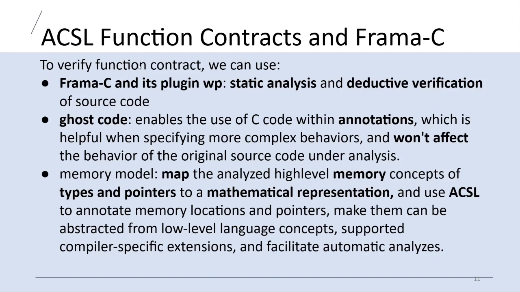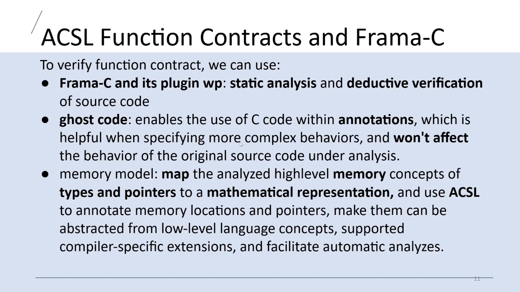If we want to verify a function contract, we can use Frama-C and its plugin WP. They do static analysis and deductive verification of the source code. The second is ghost code. It enables the use of C code within the annotation.